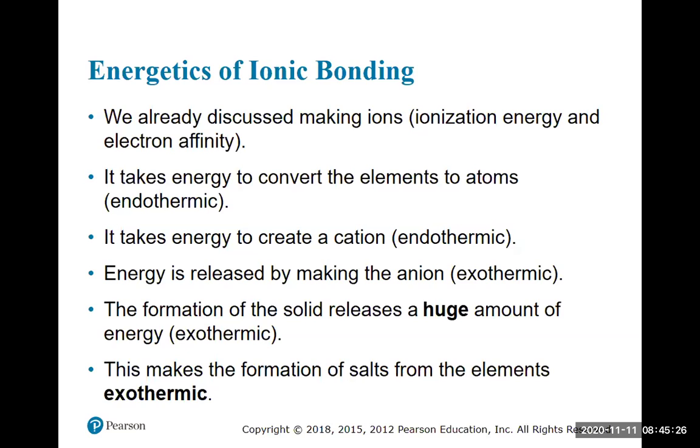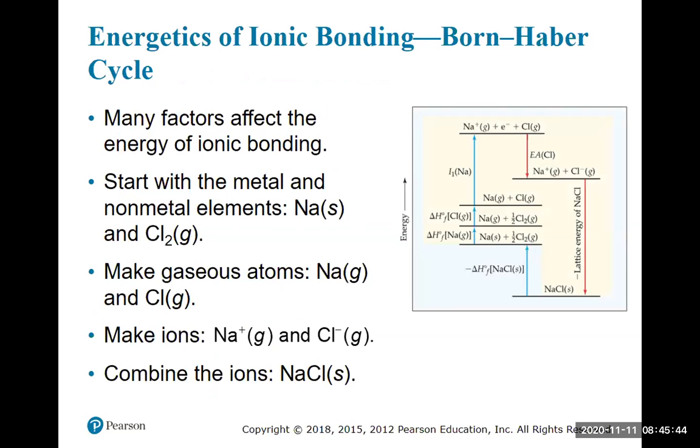But the formation of the final compound is very exothermic, and that dominates things. Because that energy release is so great, the overall reaction turns out to be exothermic. And that's what you see on the diagram here on the right. We see that it's a net exothermic reaction.